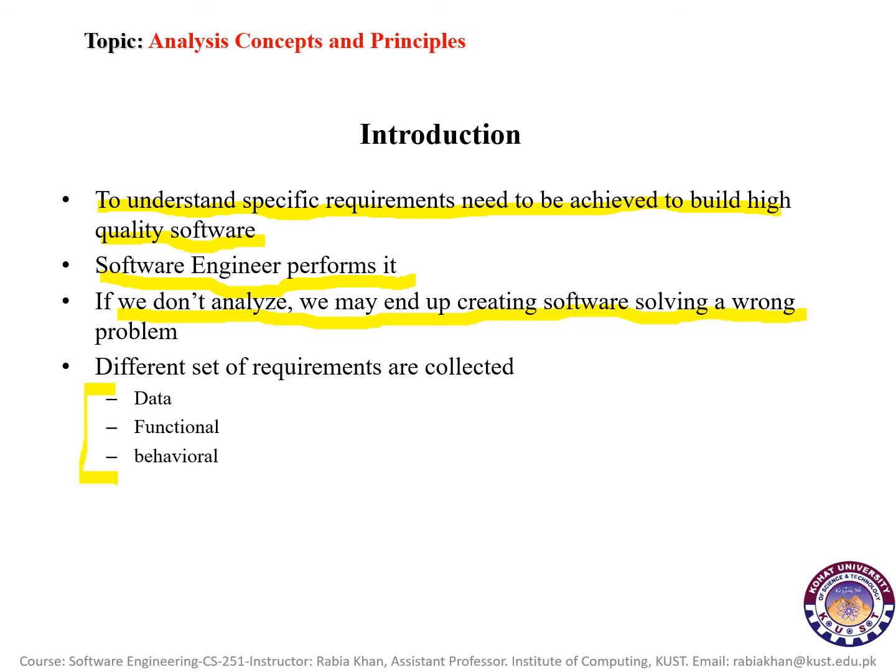So the end product of this phase will be either some prototype, a written document in the shape of a proposal, the software requirement specification, or a model, a design on paper, in order to better understand what the customer wants and what you are going to design or develop.